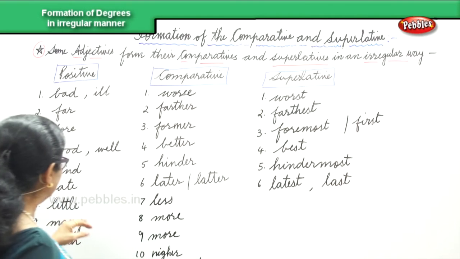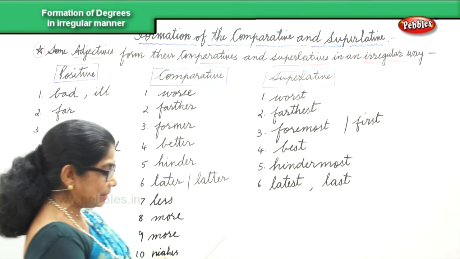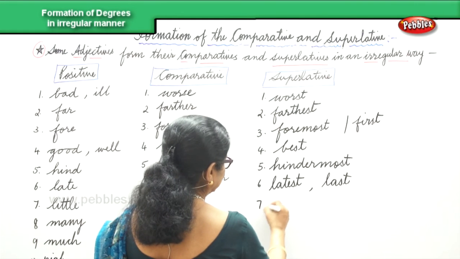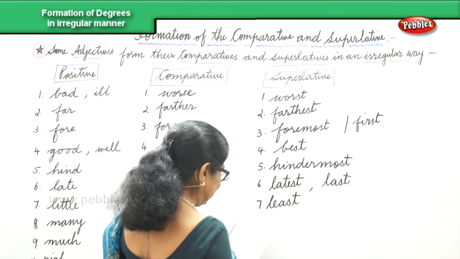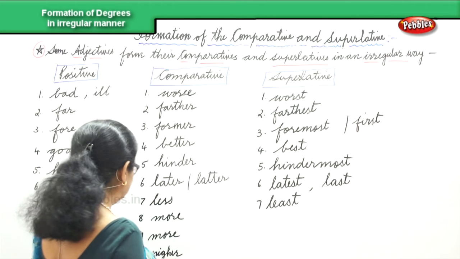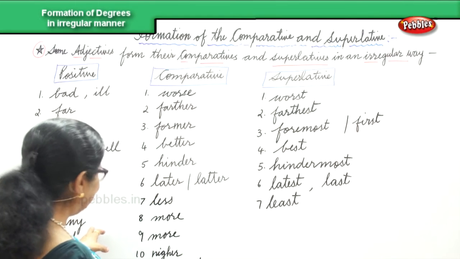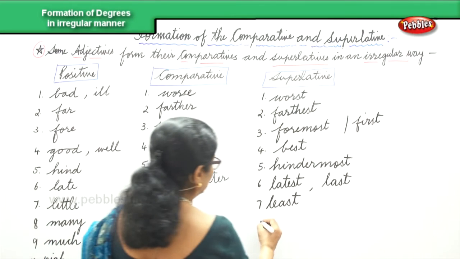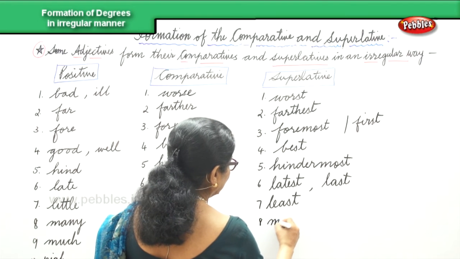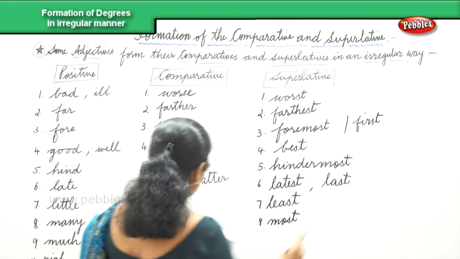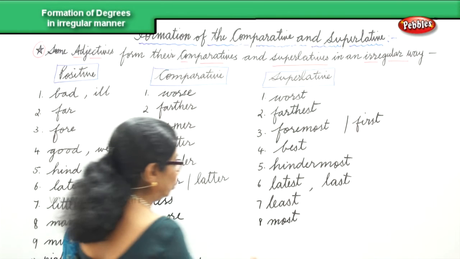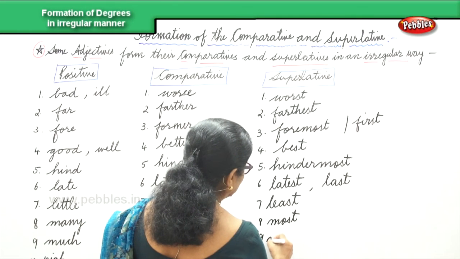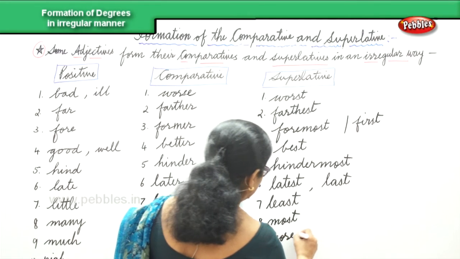Next word, little, less, least. And then the next one is many, more, most. And then here, much, more, again most. Many, more, most.